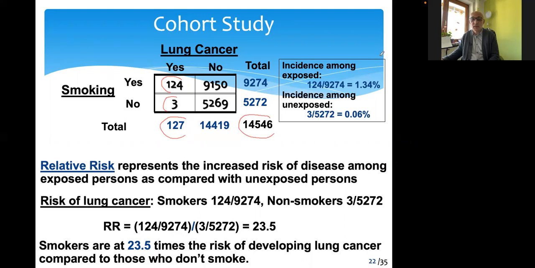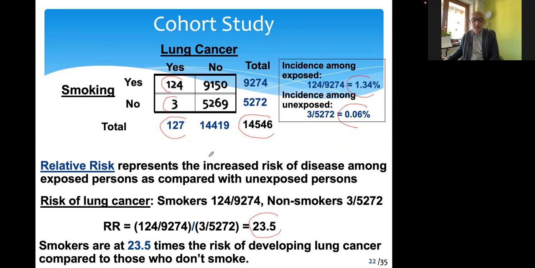So incidence among the exposed is 125 divided by 9,207. This is 1.34%. The incidence of the non-exposed, on the other hand, is calculated 0.06. If you divide these two together, then you will get the relative risk.